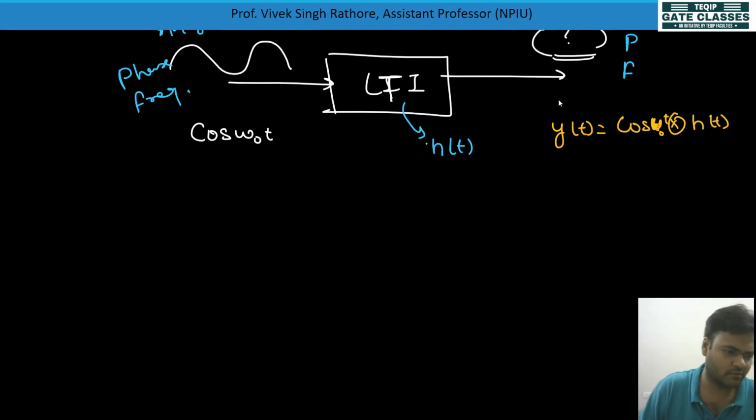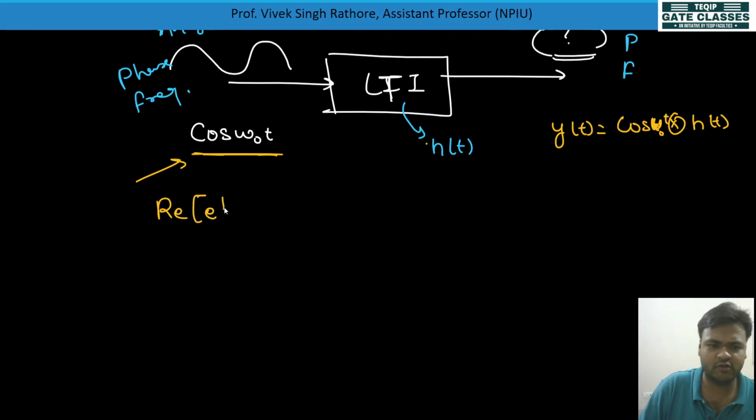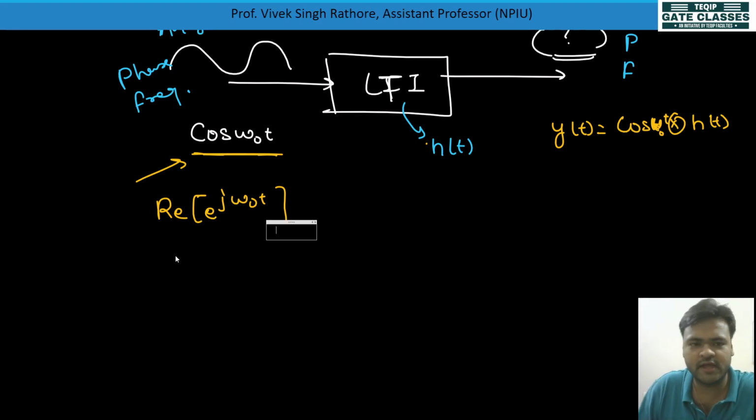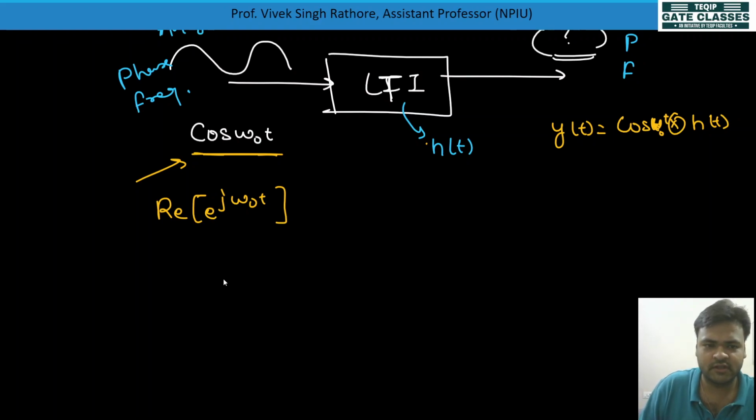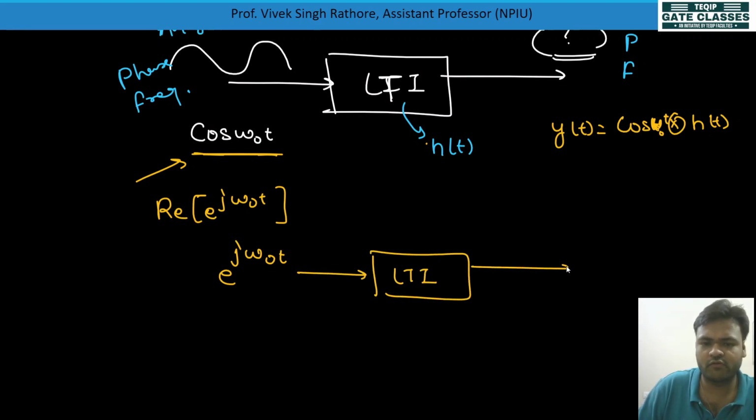Now cos of omega naught t can be written as the real part of e to the power j omega naught t, no problem with that. As you know Euler's function, if e to the power j omega naught t is passed to an LTI system, what will be the output?